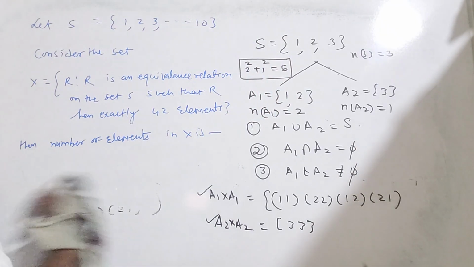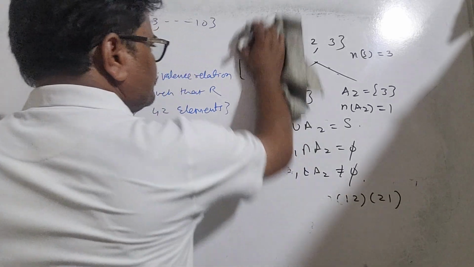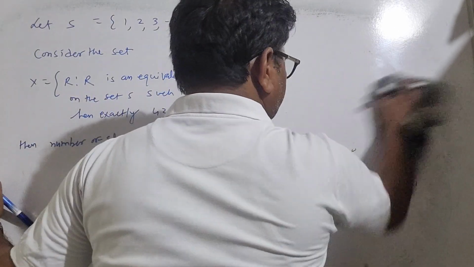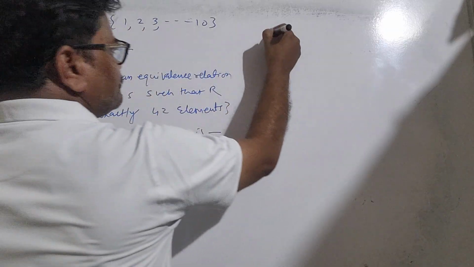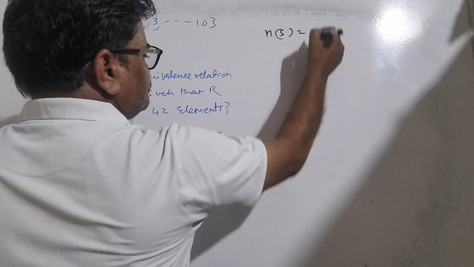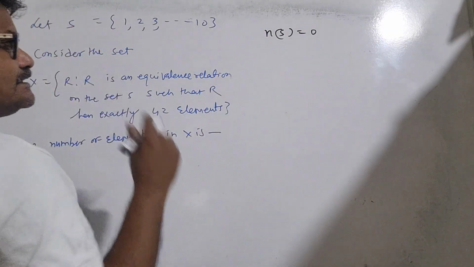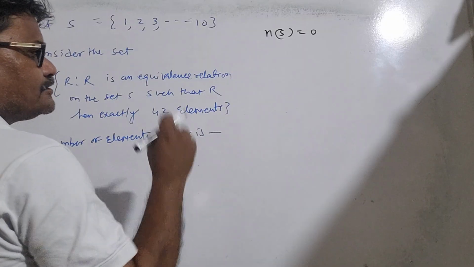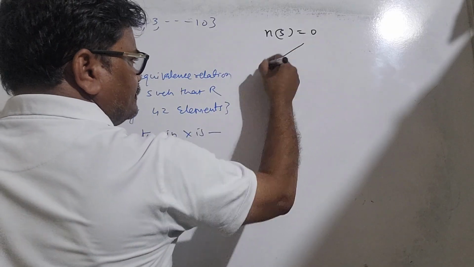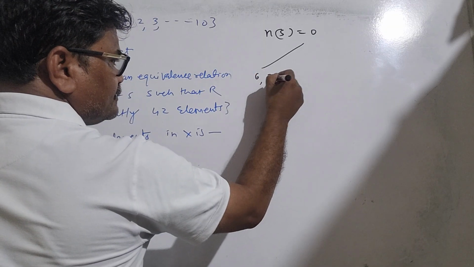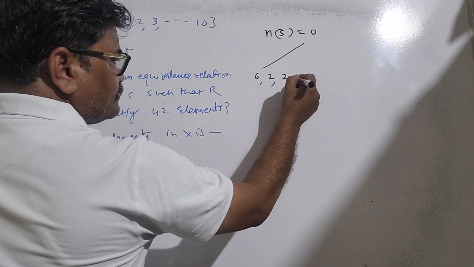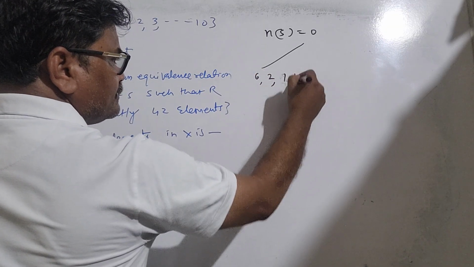See, here in this question we are having n of S equal to 10. Now I will make the partition. Okay, so the partition is like that. First one is 6, 2, 1, 1.